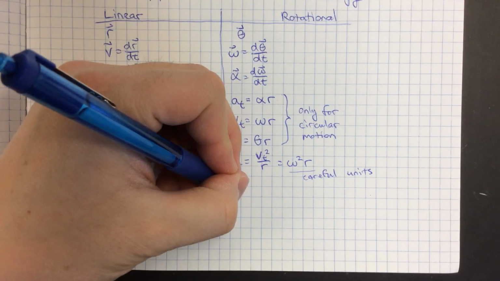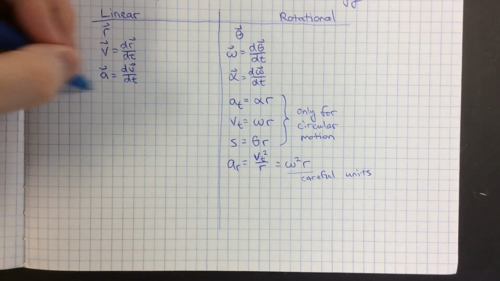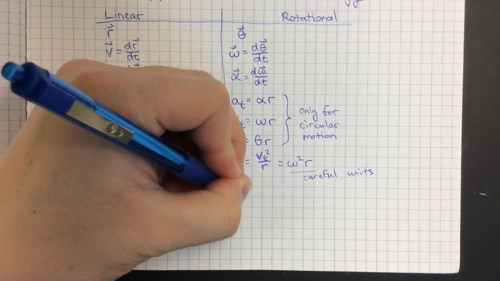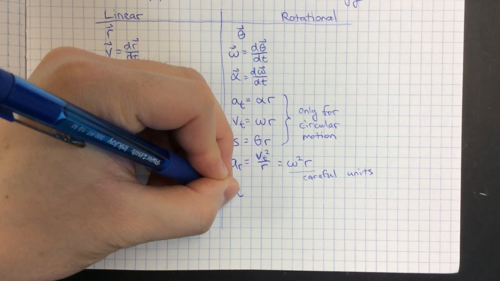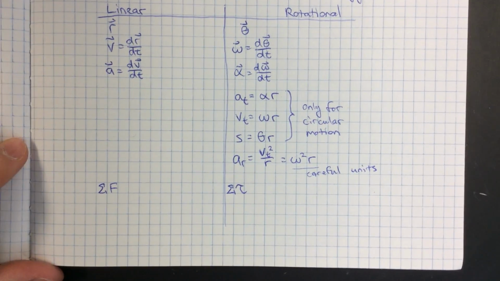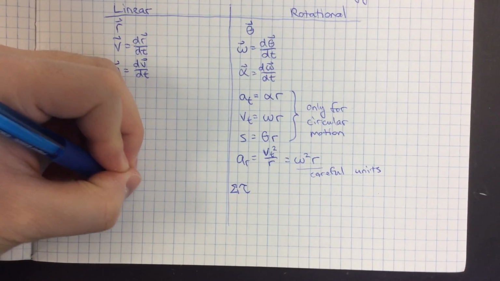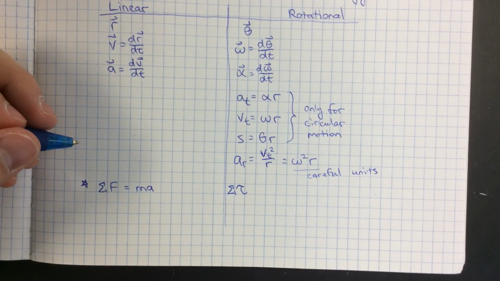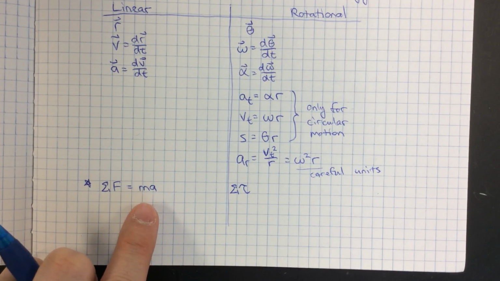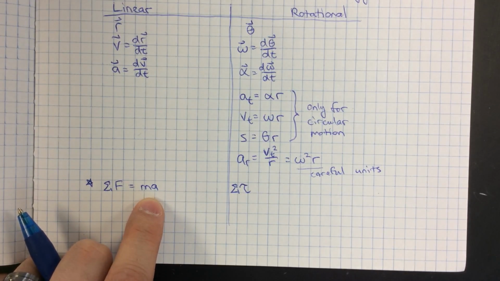Okay, and then we have torque. None of this circular motion stuff has a linear parallel. But when we talk about torque and Newton's second law, where the sum of your forces is equal to ma, this is kind of new. So the sum of your torques needs some sort of rotational mass times some sort of rotational acceleration.